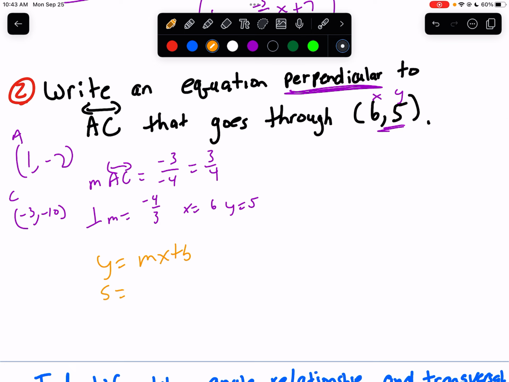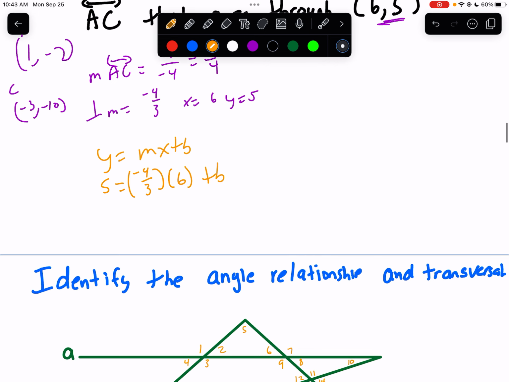So plug in 5 for y, negative 4/3 for m, and 6 for x, plus b. Reduce that. 6 divided by 3 is 2. 2 times 4 would be negative 8. So b equals 13. And that's a whole number again.